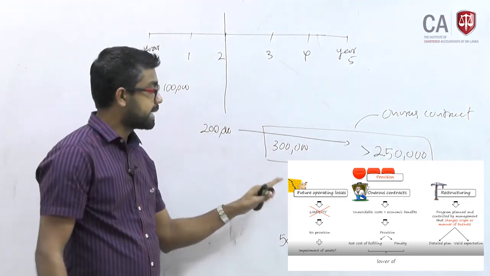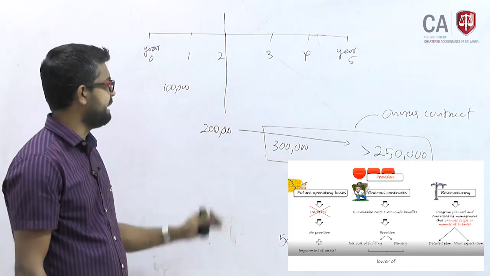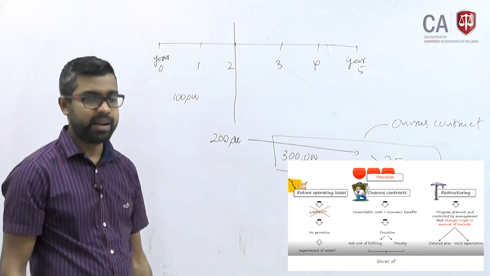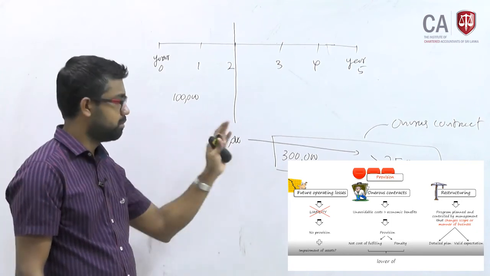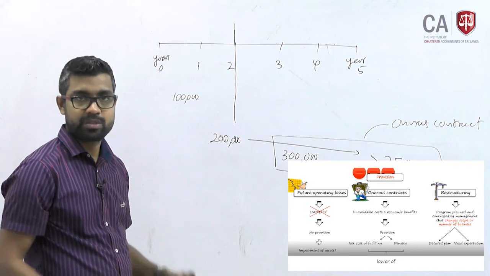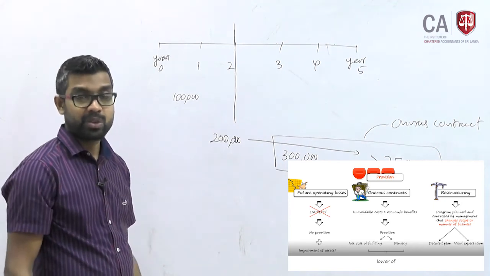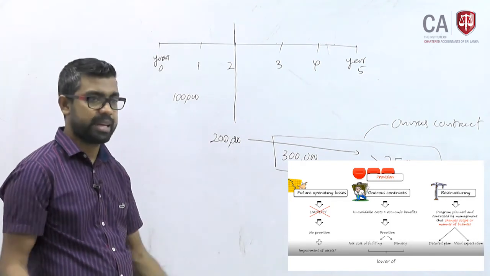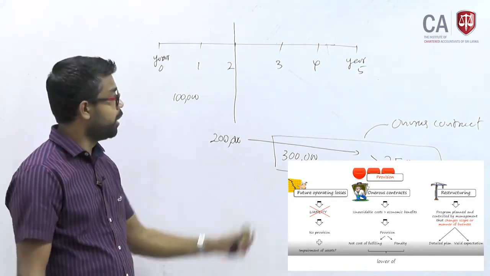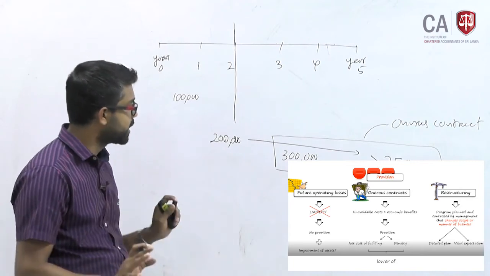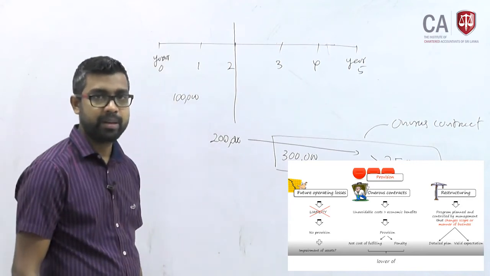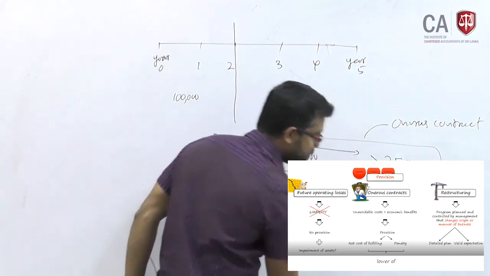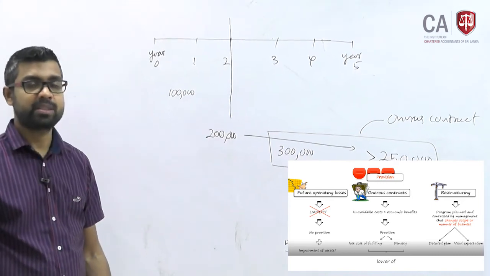If you don't continue, let's say you decided at the end of the second year, since you have a loss from continuing this contract, to stop this contract. You can't do it as you wish. The owner of the building says, okay, you can stop this contract, but you pay me a penalty of 60,000.